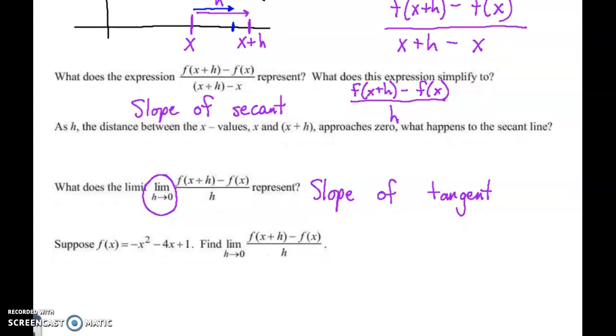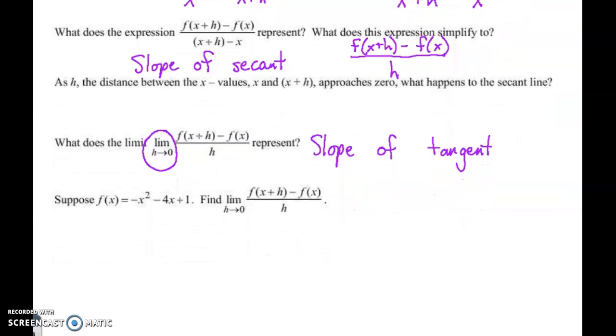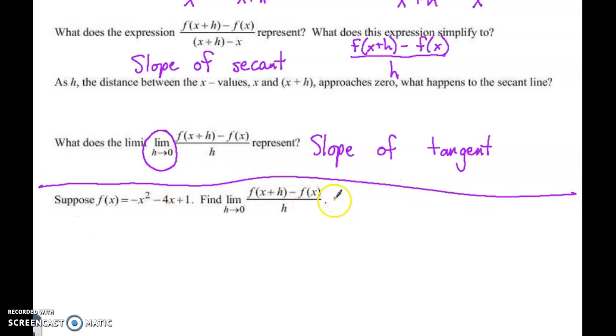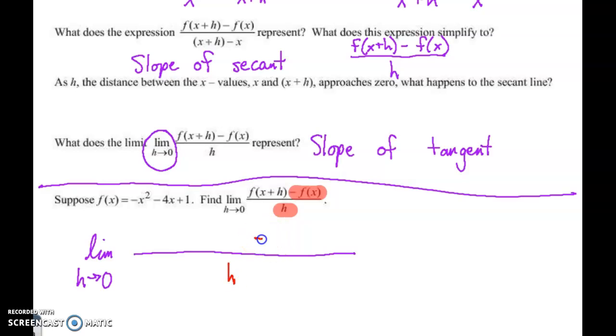So what we could then do is use what we've actually practiced already, this top piece, and we could actually perform a limit as h approaches 0. And you probably remember my advice from earlier in the unit, to leave h alone on bottom, to leave f of x alone.